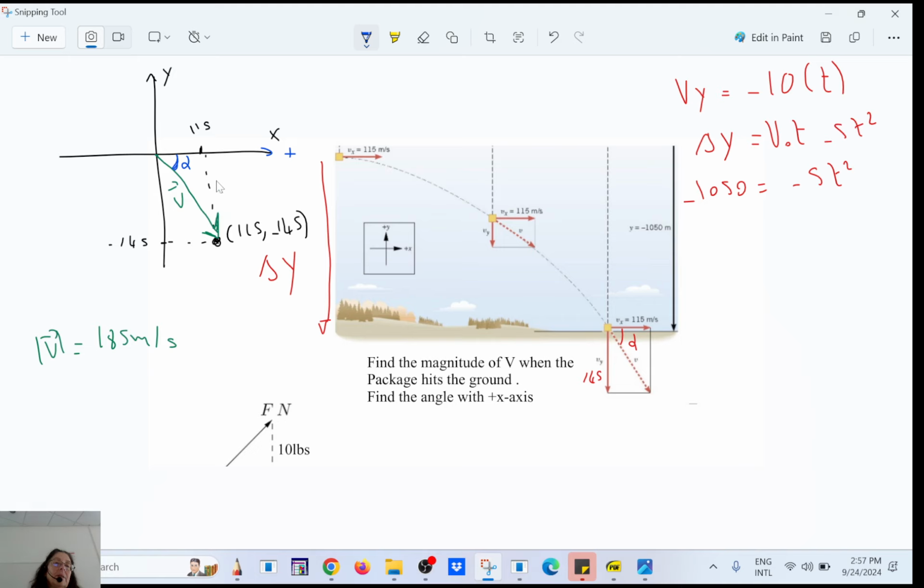Let's find that angle here. So you have a right angle triangle. So tan is opposite over adjacent.